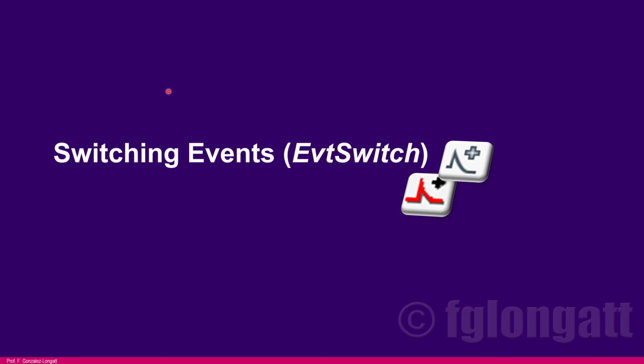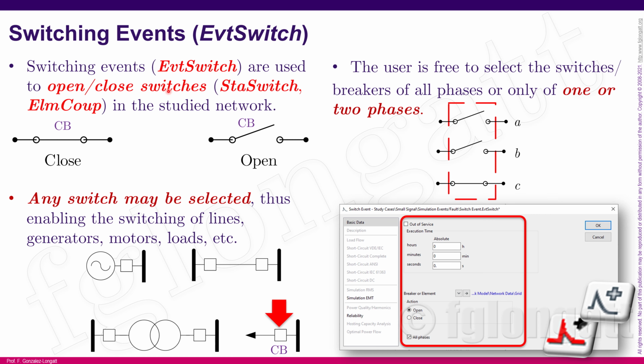For instance, we have the switching events. Switching events are extremely simple because they affect a circuit breaker, and the circuit breaker has two states, open and close. In the window you can see EVT, representing the event, and this is a switching event. What you need to configure is the time, because we are running time domain simulations.